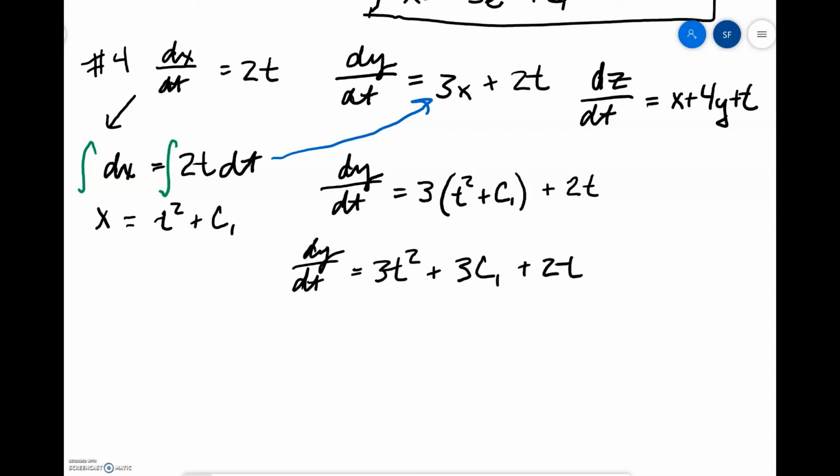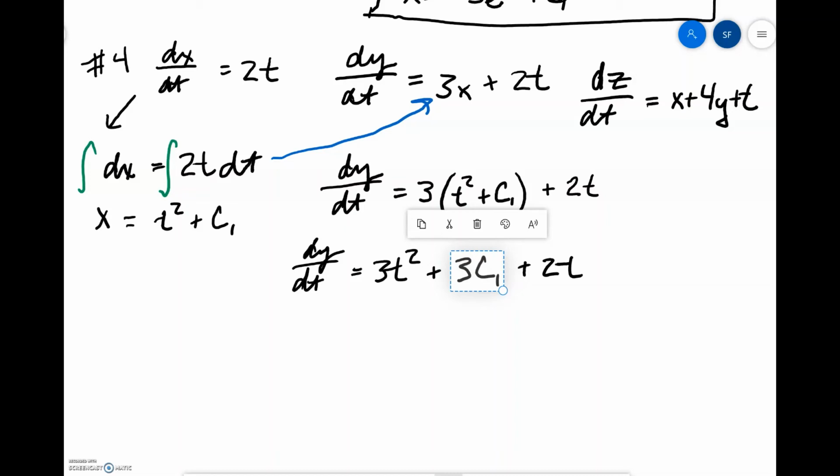Okay, let's make a note here. Notice I've got 3c1, 3 times my integration constant. A lot of times in the past, we've said that if you take a constant times an arbitrary constant, it's just another arbitrary constant, and so we can drop that coefficient.